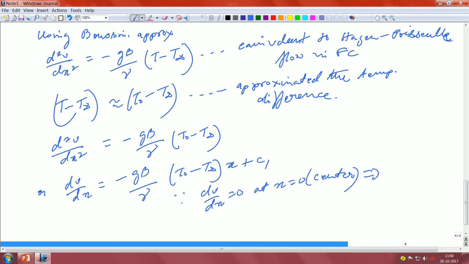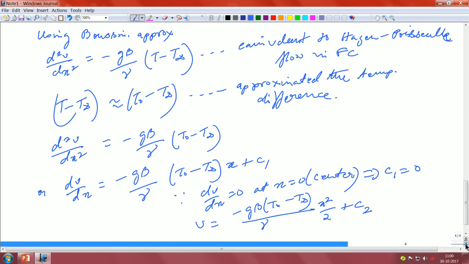This should ideally lead to C1 being equal to 0 as well. Okay. So, therefore, your V now becomes g beta, T naught minus T infinity, divided by gamma, x square by 2 plus C2, right.